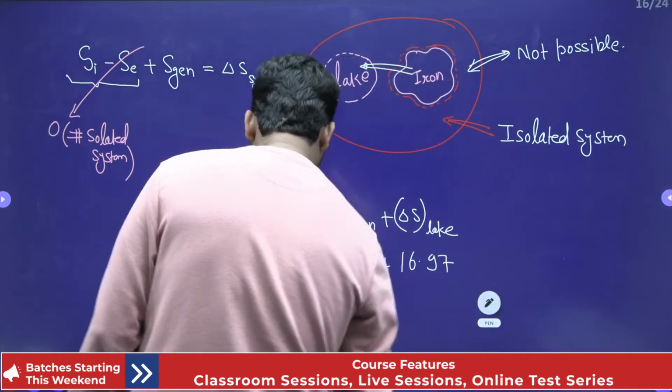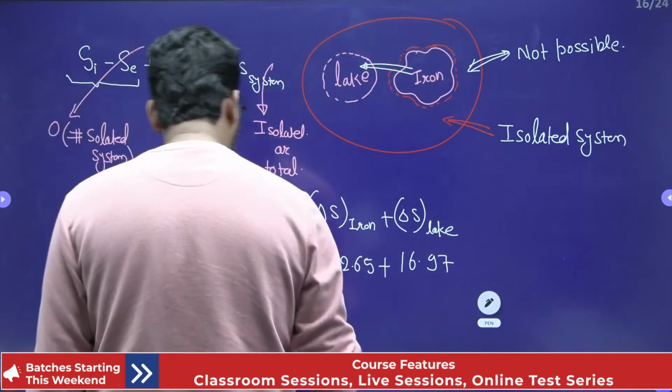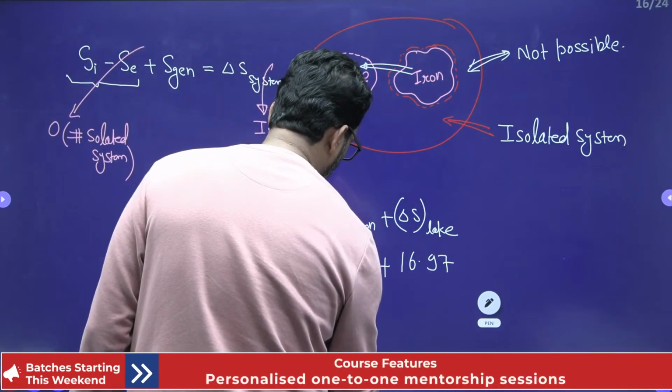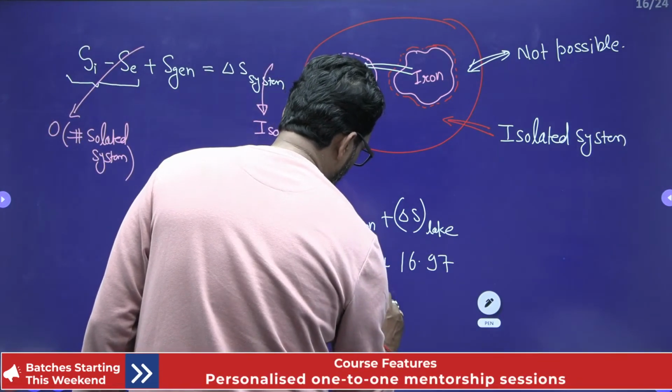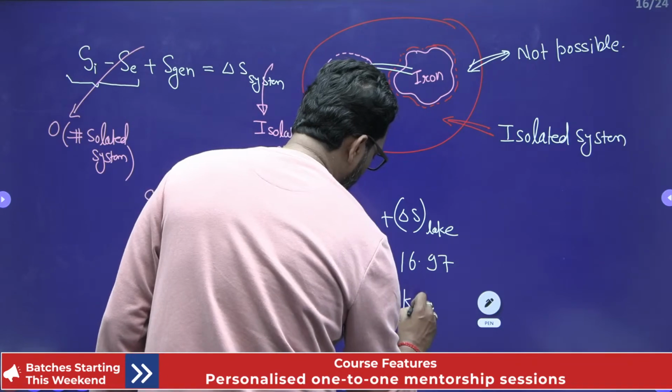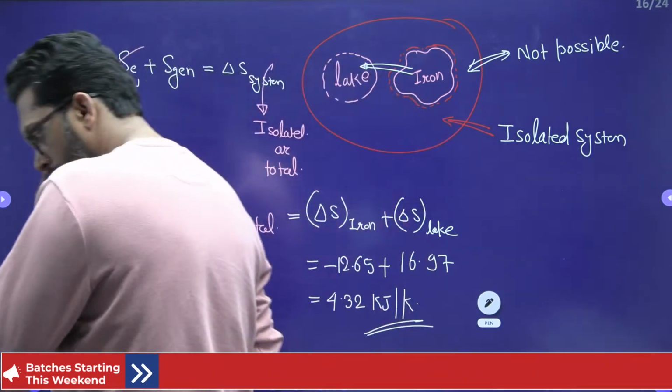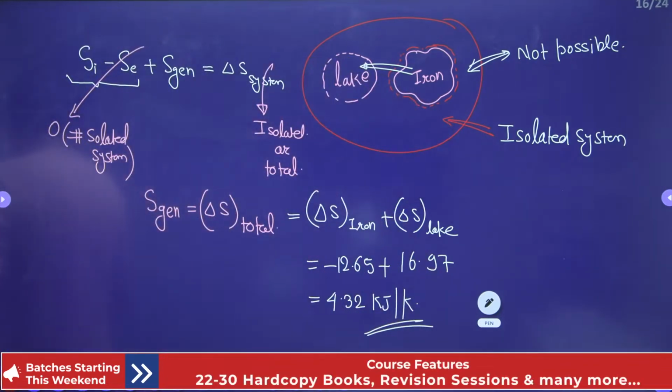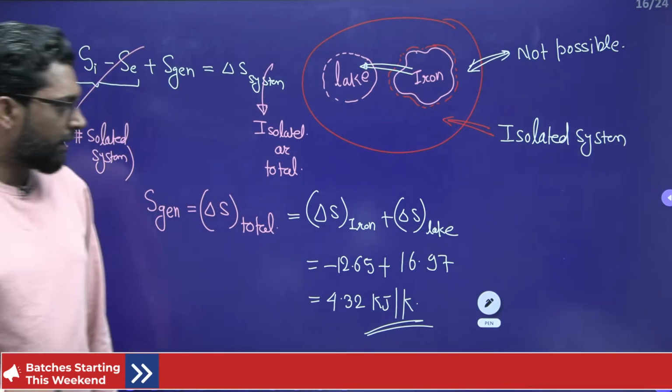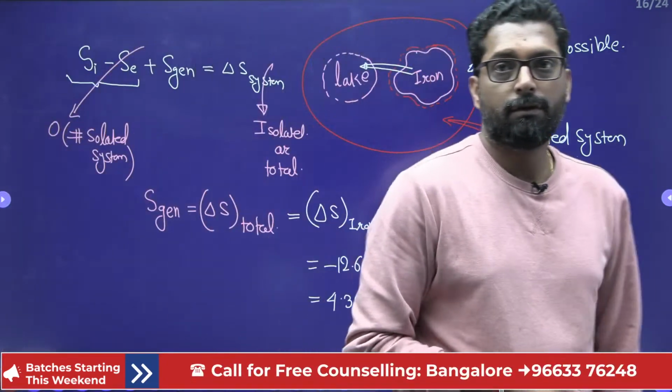If you solve this, it is 4.32 kilojoule per Kelvin. This is the entropy generation.